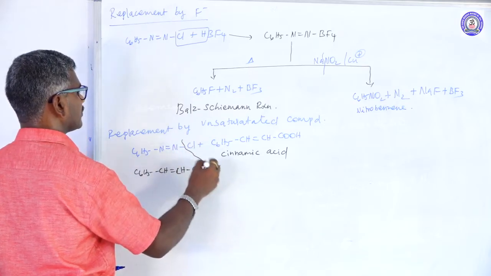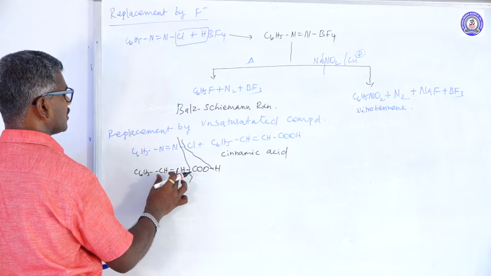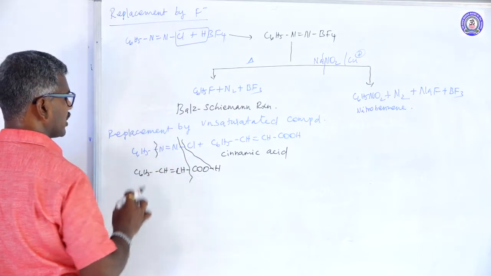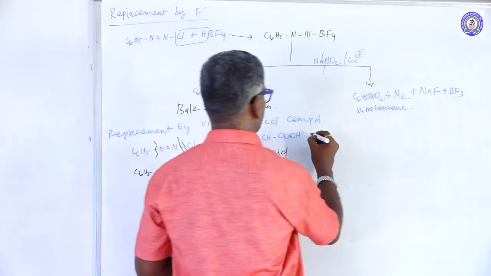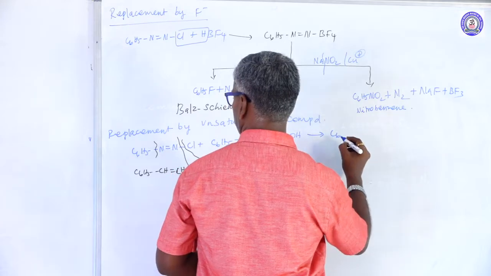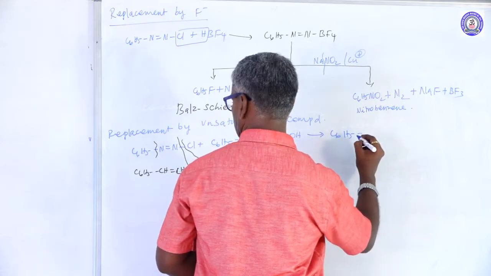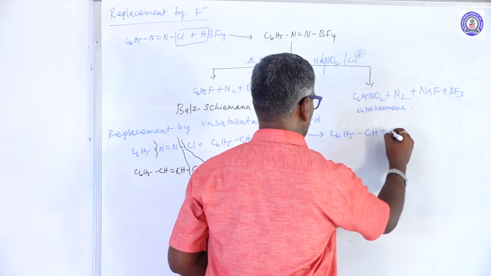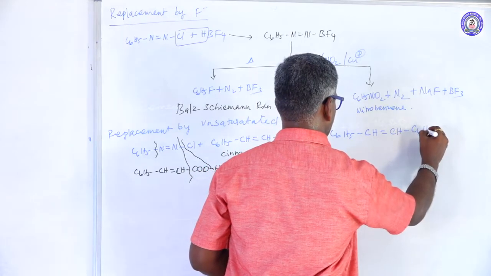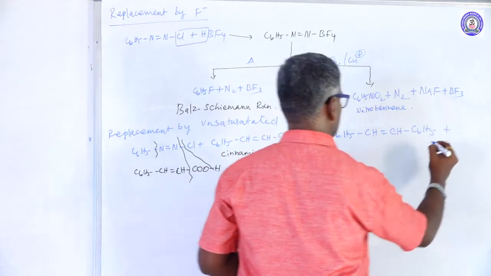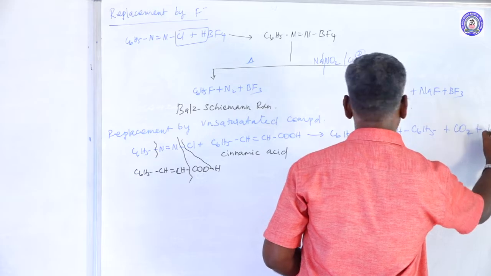This bond breaks, this bond breaks, and this group joins here to form C6H5CH=CHC6H5 plus CO2 plus HCl.